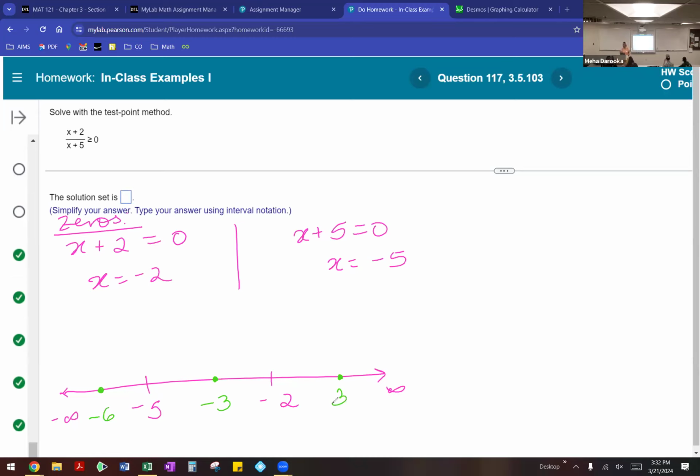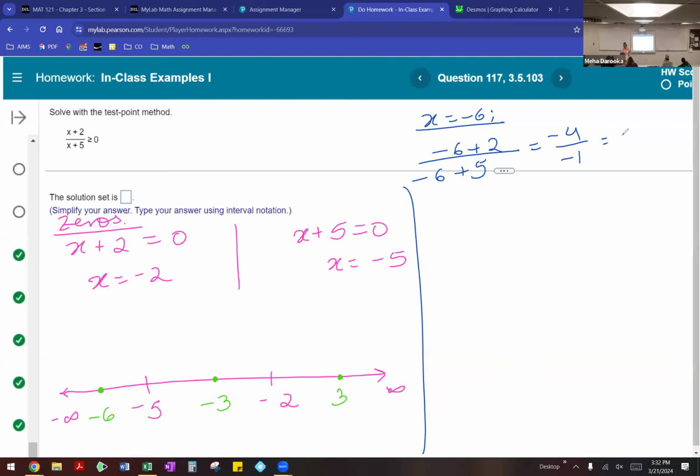Right, we've got our test points, so let's check them. We're starting out with x equals -6. That will be -6 plus 2 on the top, -6 plus 5 on the bottom, which is -4 over -1, so +4. That means the sign here is going to be positive.